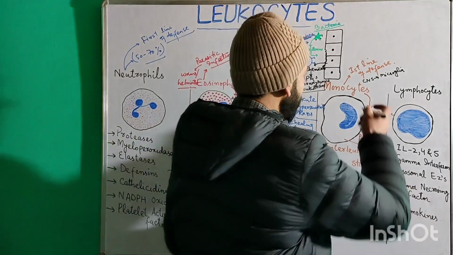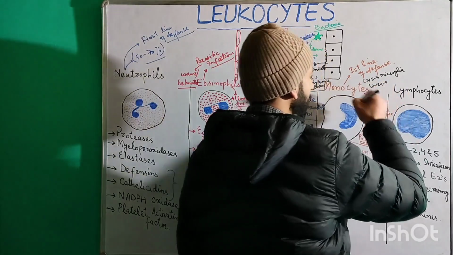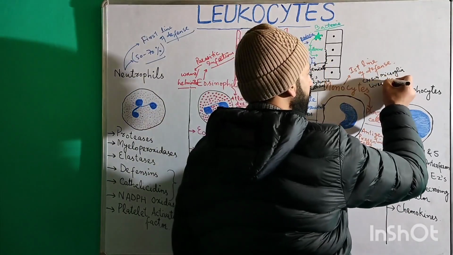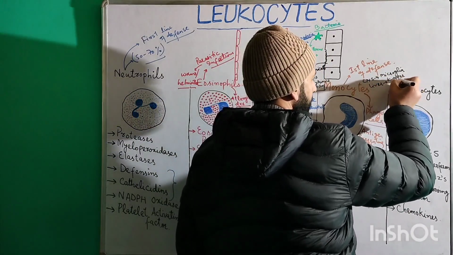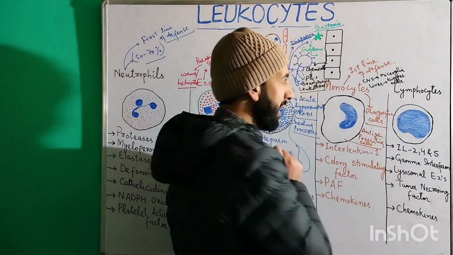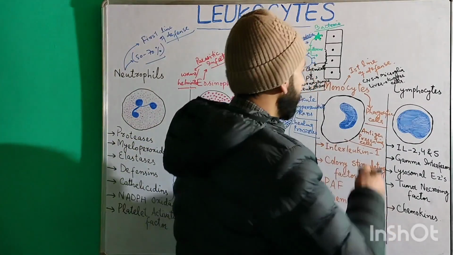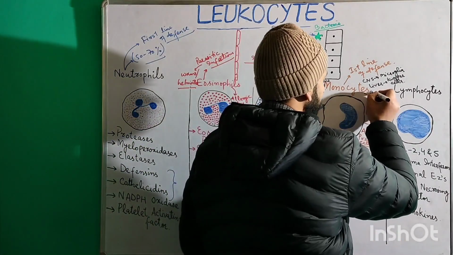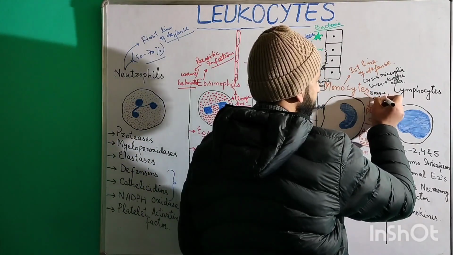And then in the liver, we have a special phagocytic cell or macrophage. We call that as Kupffer cell. So Kupffer cells are present there, which are actually these macrophages. And then in the bones, we have the osteoclasts.